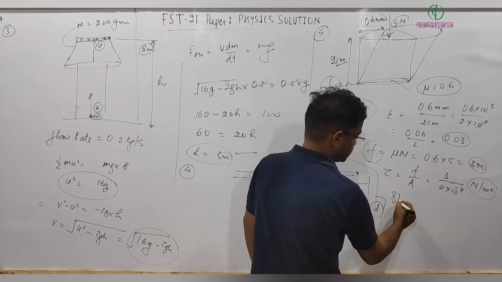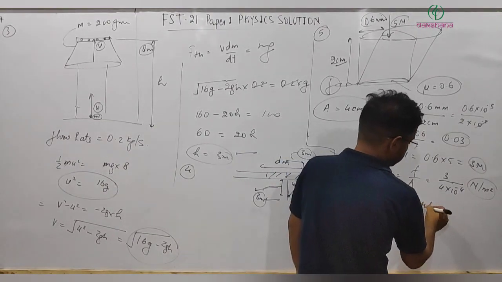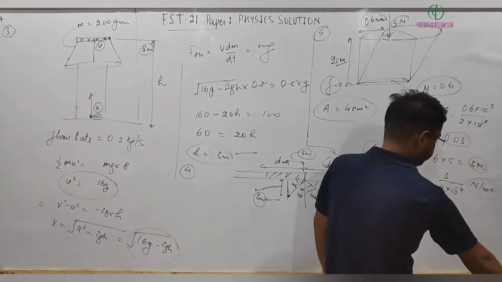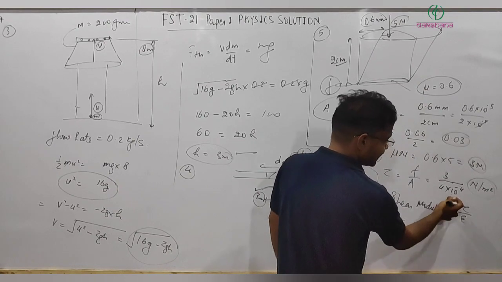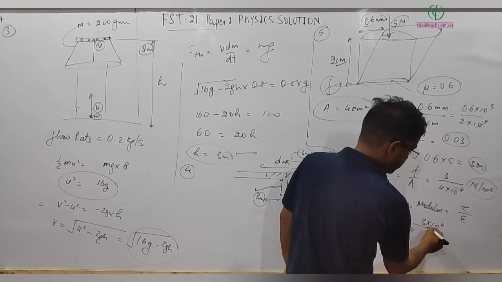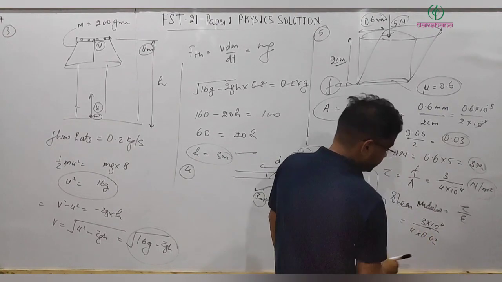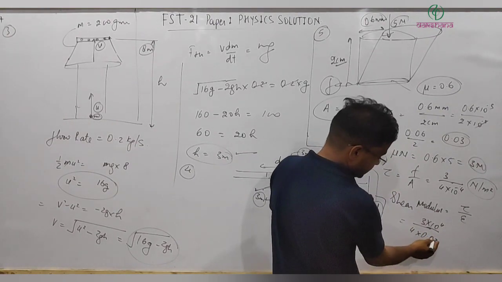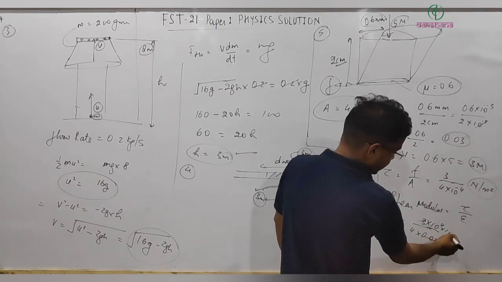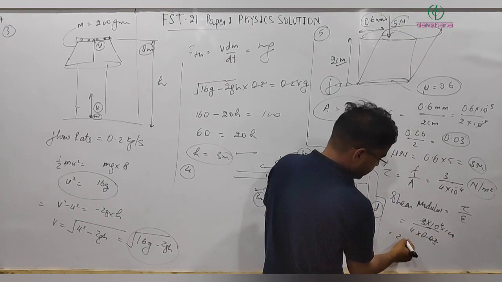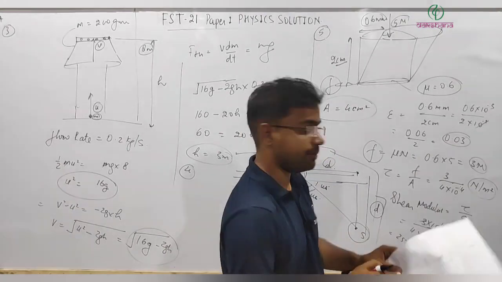We know the shear modulus. What is that? Stress by strain. So shear modulus is simply tau divided by epsilon. So 3 by 4, taking the 10 to the power 4 upwards, and strain 0.03. So this comes out to be how much? This cancelled, and this is 100 by 4, so it's 25 into 10 to the power 4, but it's asking in terms of power 5 Pascal.